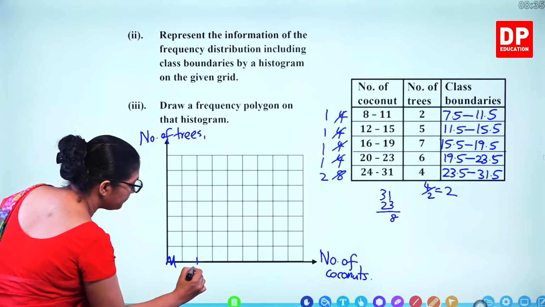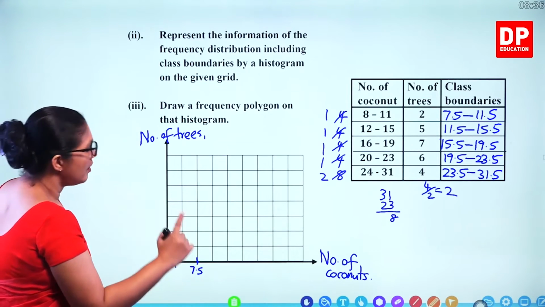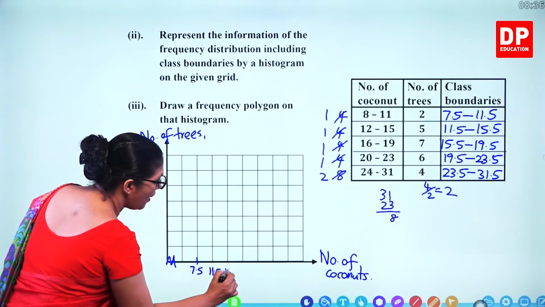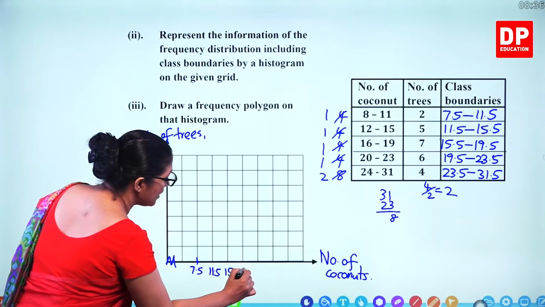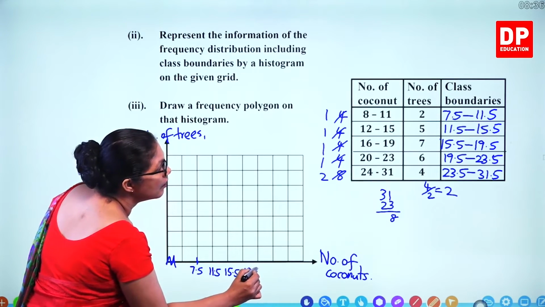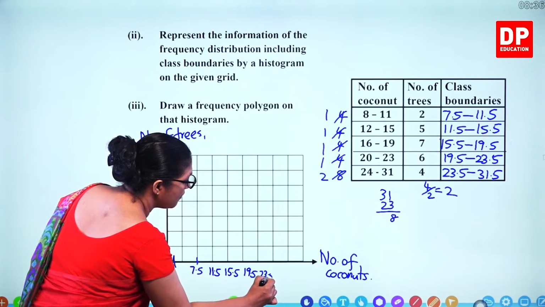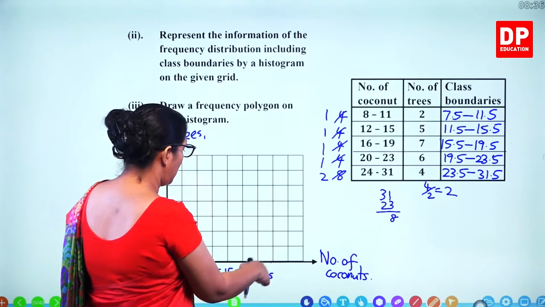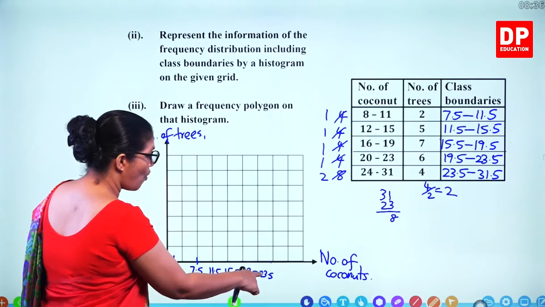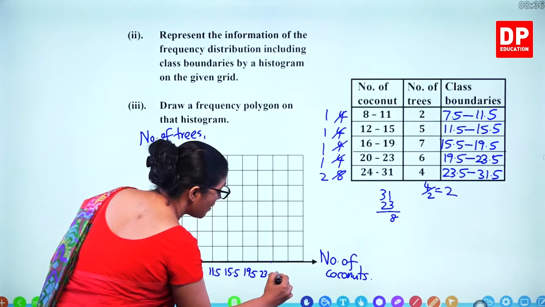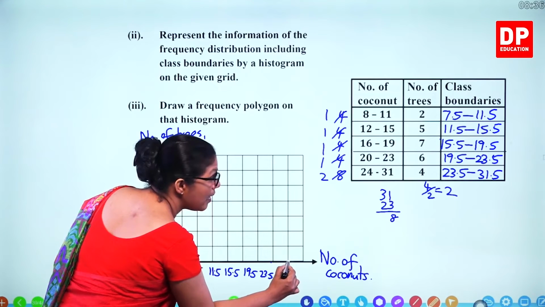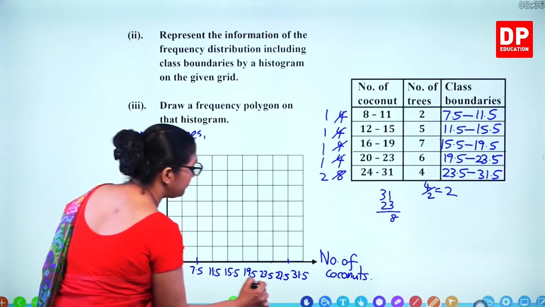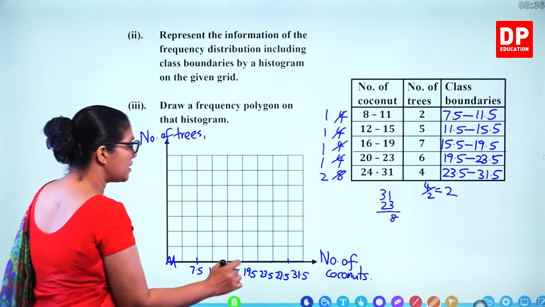Then 11.5, 15.5, 19.5, 23.5. Now here you have to add 4, so 27.5 comes here and then 31.5. Now we have the intervals.